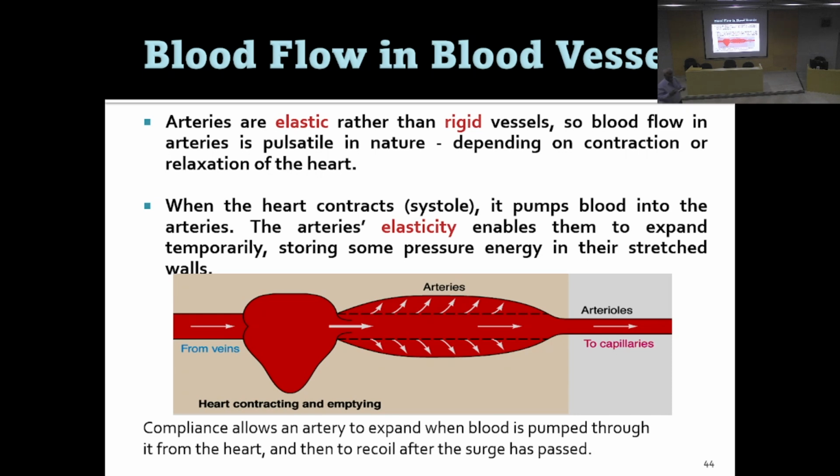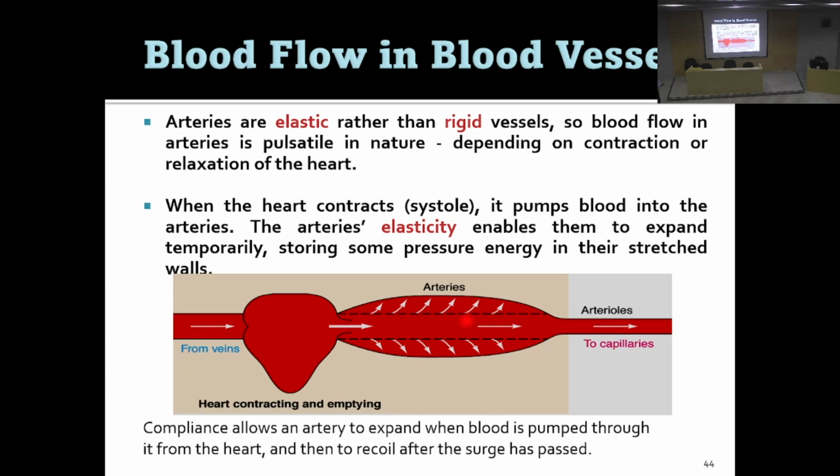When my heart is contracting, I have blood coming to the veins and all the blood vessels here, but the blood vessels expand, okay? And because of elasticity like rubber, it comes back, isn't it? So you can push the blood again through the other vessels. This slide was telling you that when the heart contracts, the arteries expand downward here.